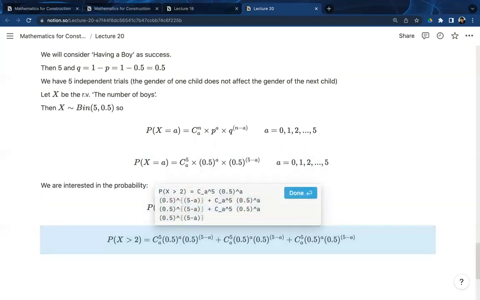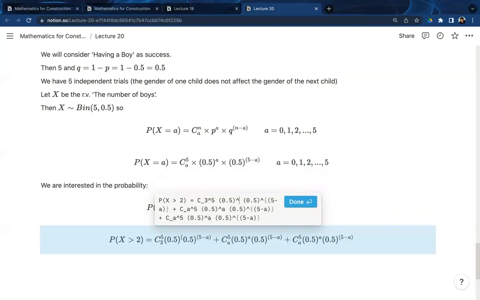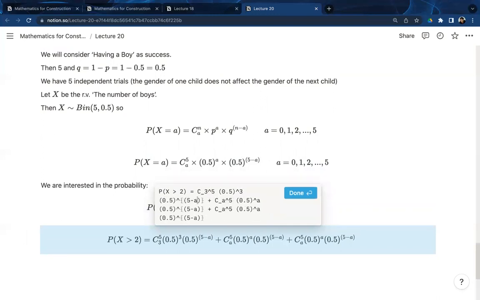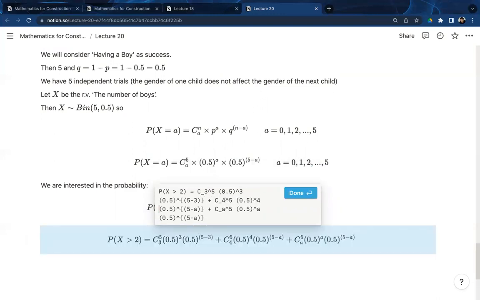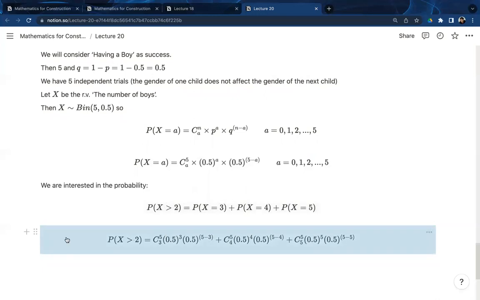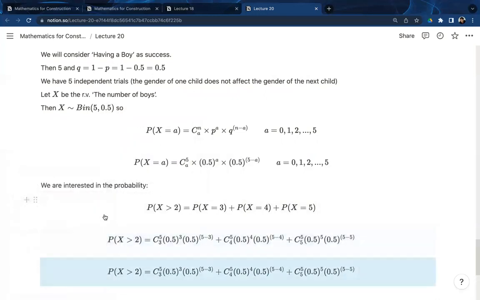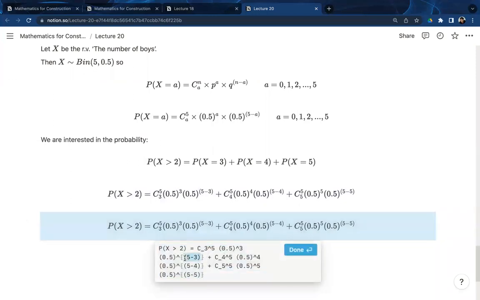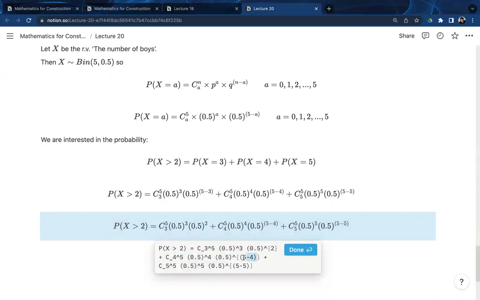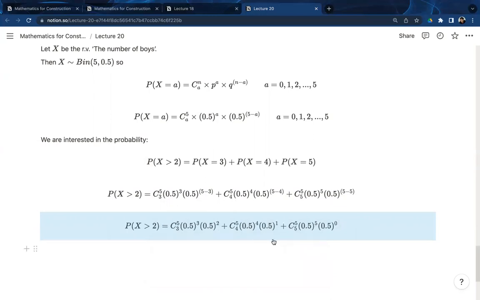So you replace A with 3 here. And A goes to 4 here. A goes to 5 here. So you can simplify this. This is 2. This is 1. This is 0.